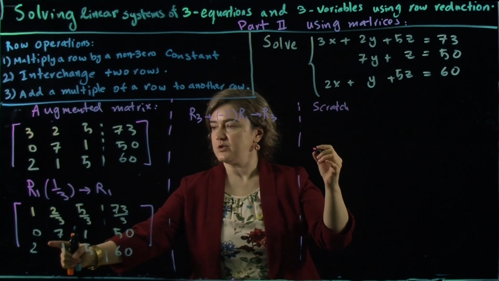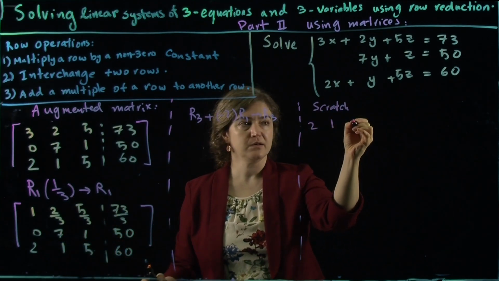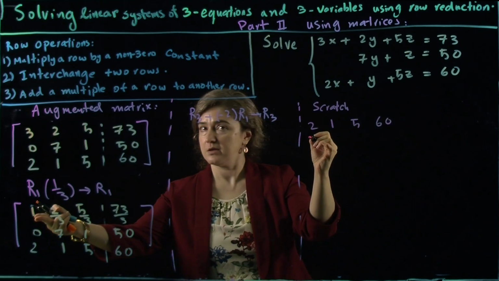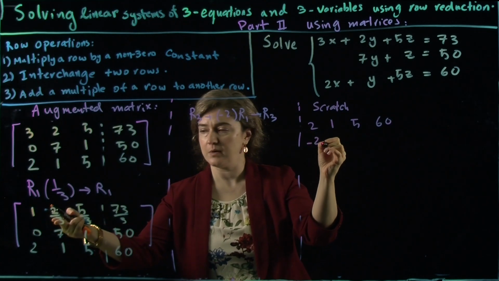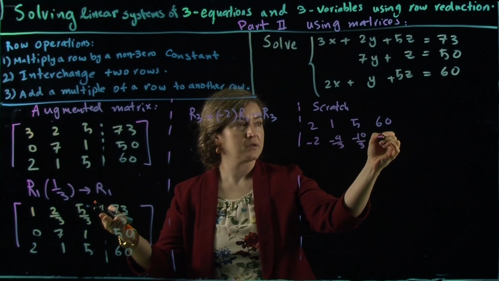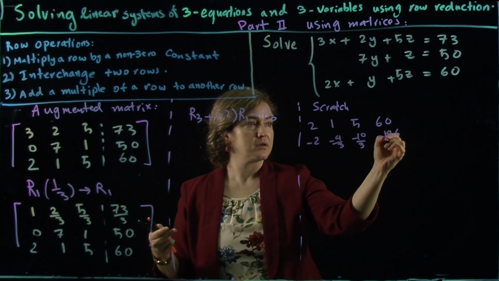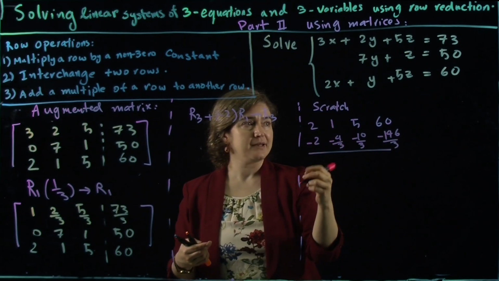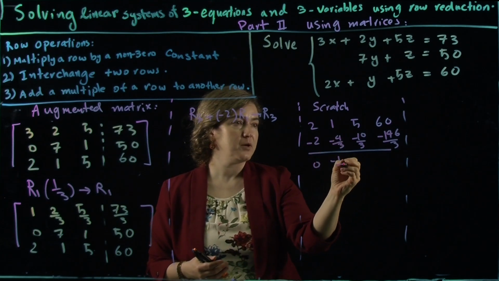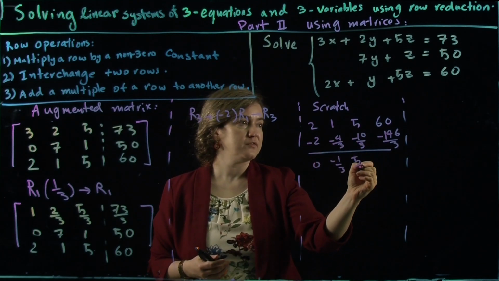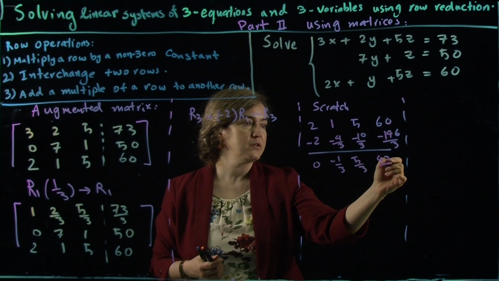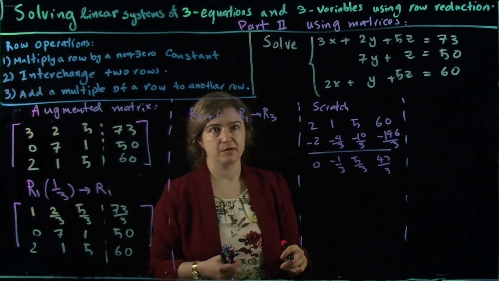So row 3, which is 2, 1, 5, and 60, and -2 times row 1, and we add it up to get 0, -1/3, 5/3, and 43/3.